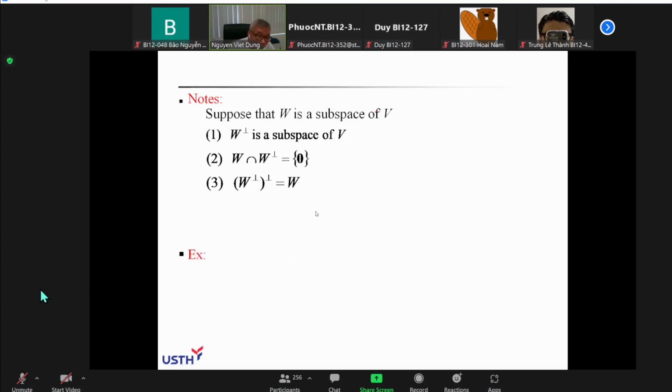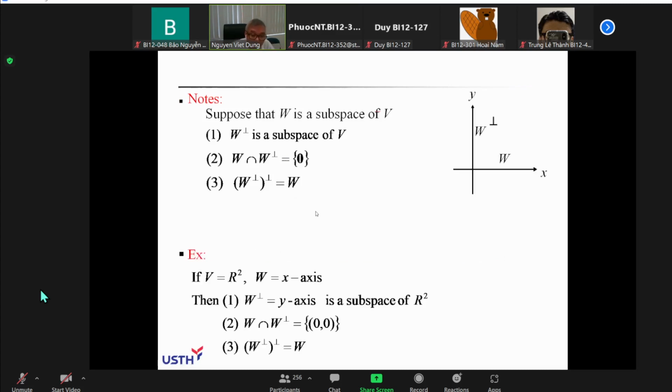And here is an example for you. The example is explained here. If you consider V to be the coordinate plane R2 and the subspace W equals OX, that is the X axis, then W perpendicular now will be the Y axis here.